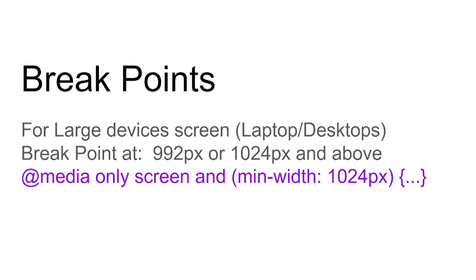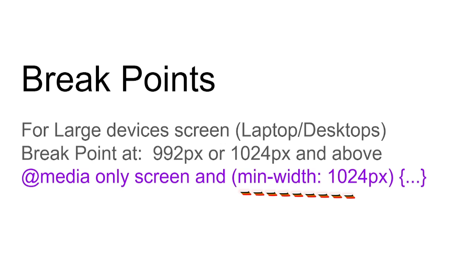So moving on to the next one, the ones for the large devices, right? For the large devices, we have breakpoints of 992 pixels. In some cases, you can put it at 1024, but for better precision, you can just go 1024, right? So extra small devices is anything below 640.